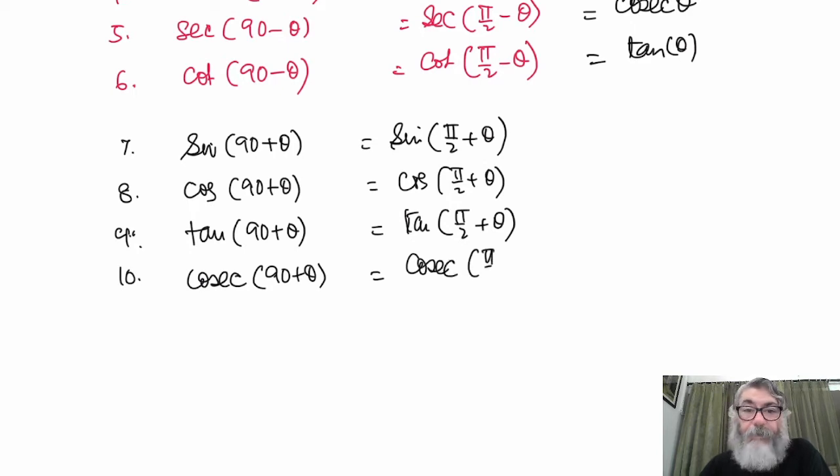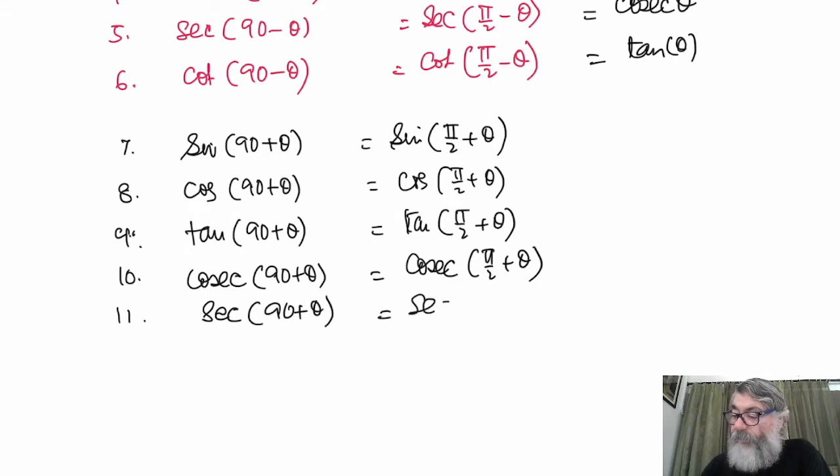Then 11th we will write as sec 90 plus theta or sec pi by 2 plus theta, and then 12 I will write cot 90 plus theta, cot pi by 2 plus theta.